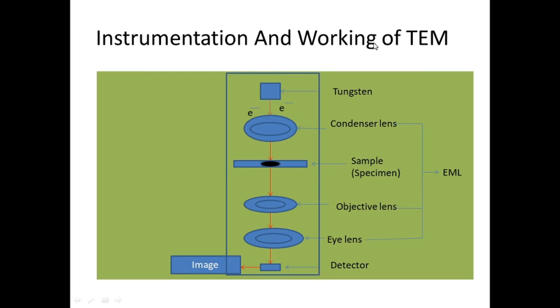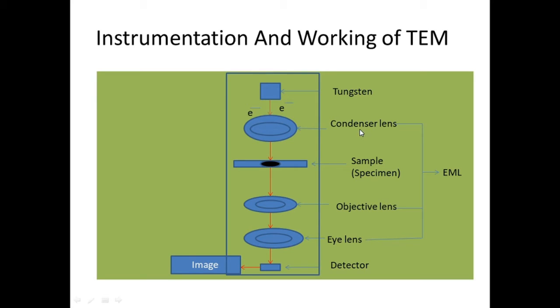So, students, see here, all these components, condenser lenses, sample, objective lenses, detector, are similar to optical microscopy, but the only difference is that the lenses are not optical.